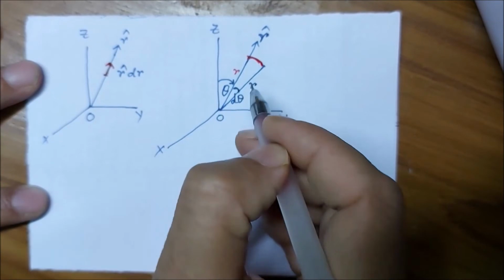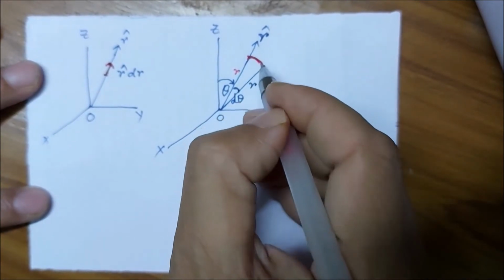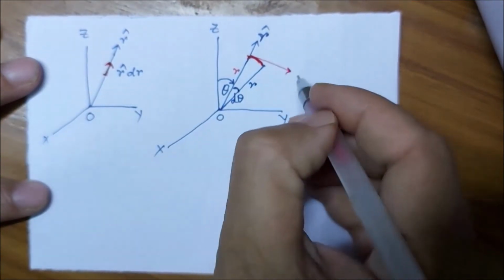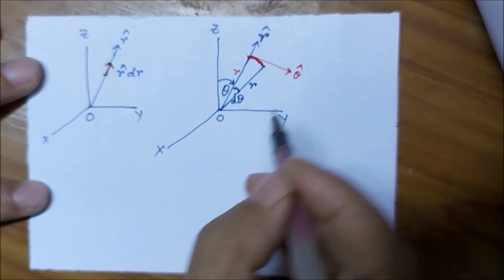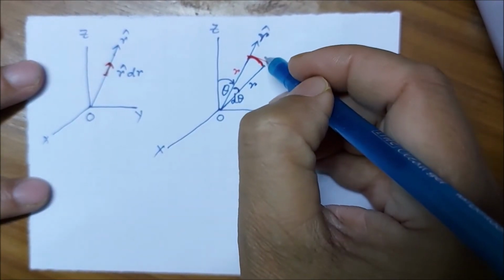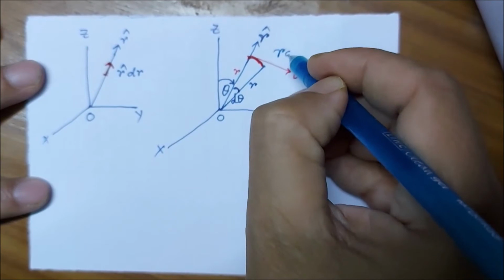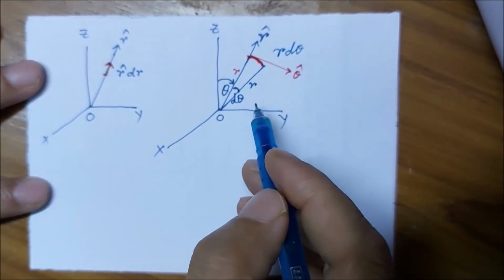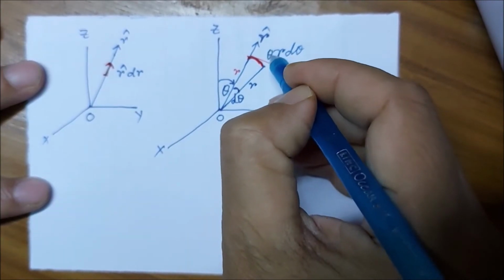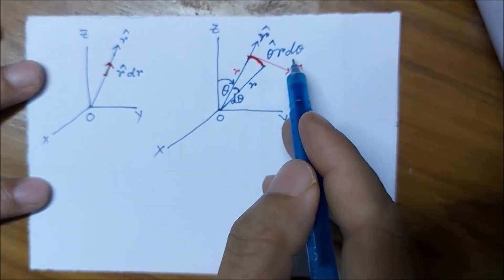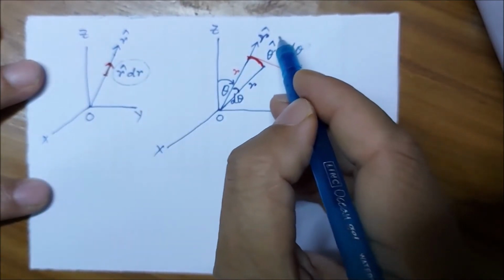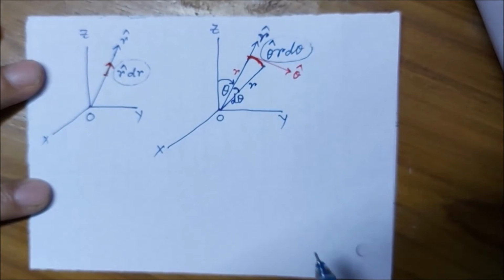This is r, it is r d theta, and we can draw a tangent to it, which is theta hat, the direction of increase of theta. So the length element here is r d theta as the magnitude and theta cap as the direction. So it is theta hat r d theta. So the length elements are r cap dr and theta cap r d theta.